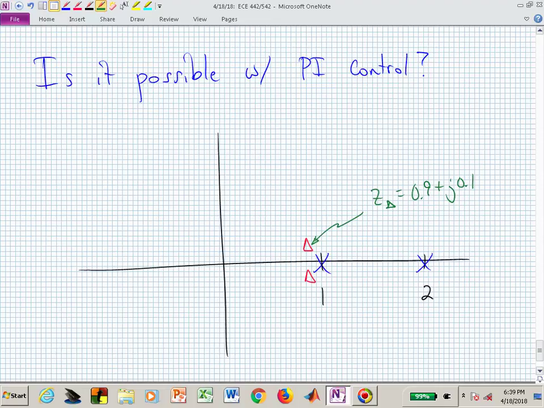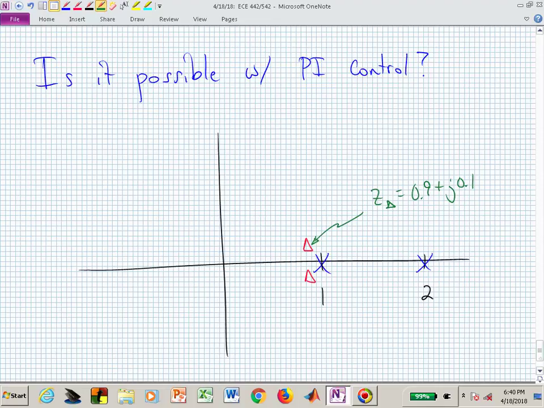And we know the phase at that triangle from the pole at 2 and the pole at 1. We could quickly get on our protractor and measure those angles. We only have one more angle to deal with, and that's the angle due to the 0 beta. So can we slide that around such that the algebraic sum of that zero's angle with these other 2 pole angles equals minus 180? That's what we're asking.